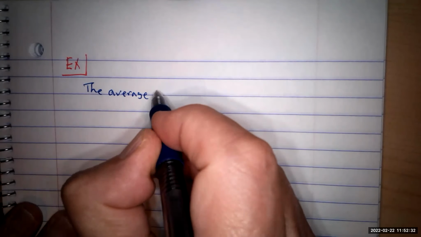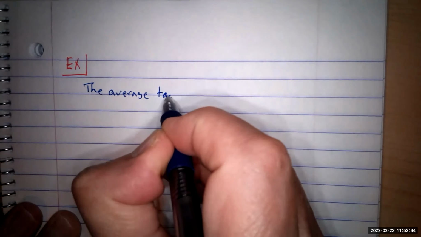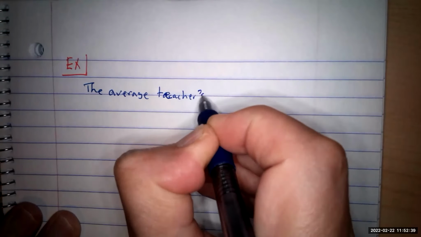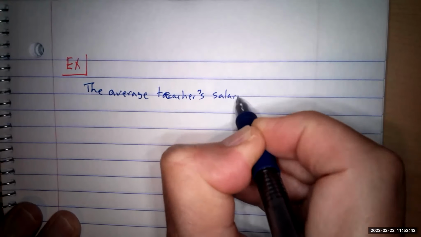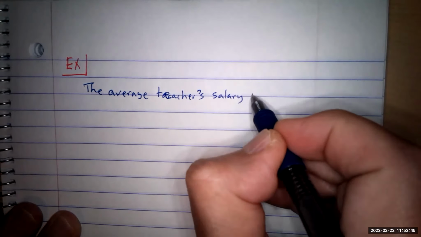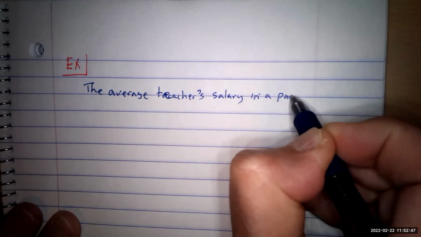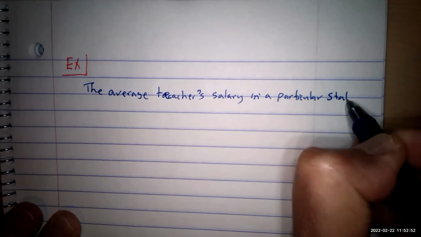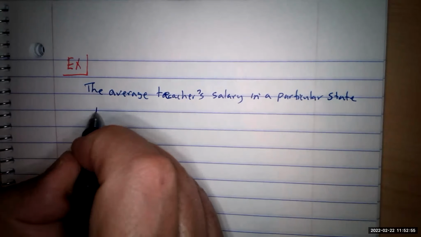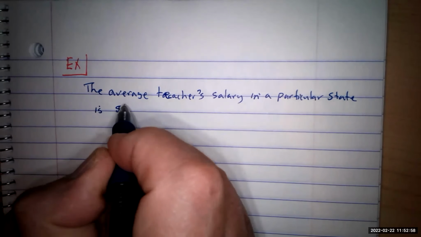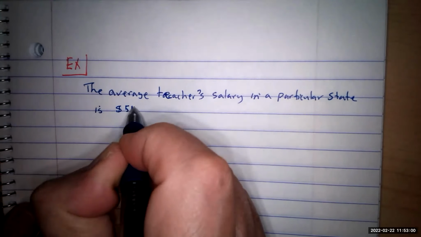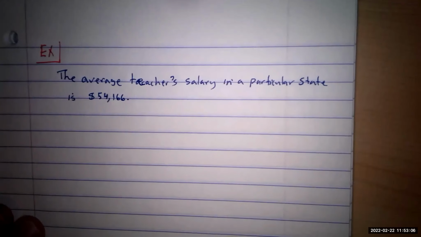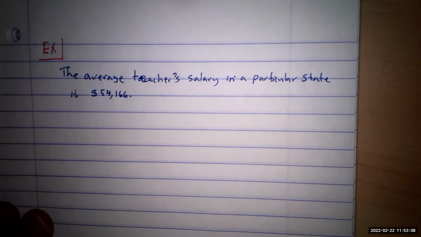The average teacher salary in a school in a particular state is $54,166. So that's the mean salary of a teacher in a particular state.